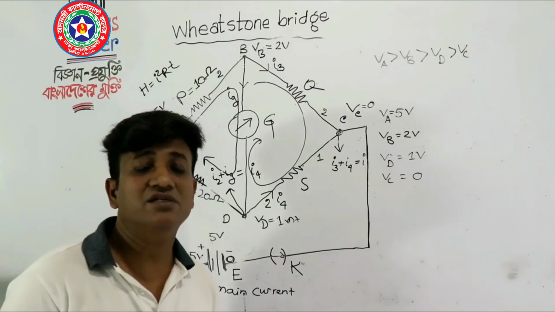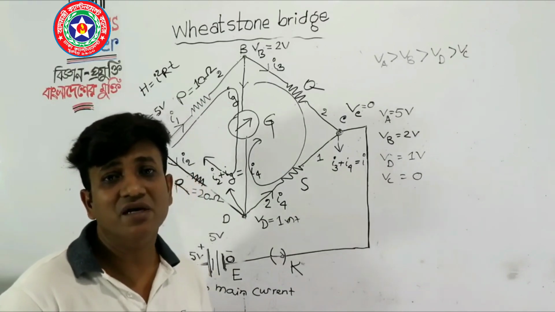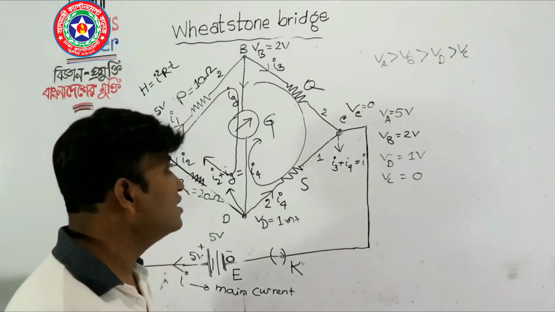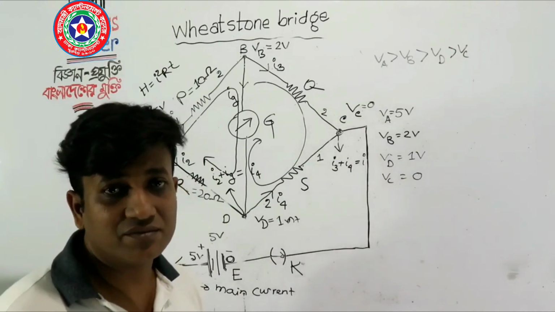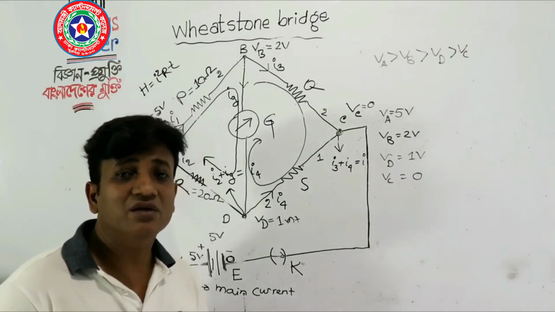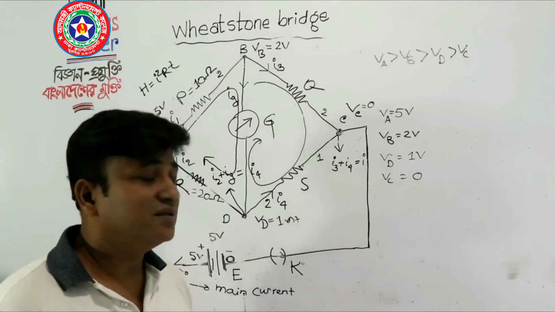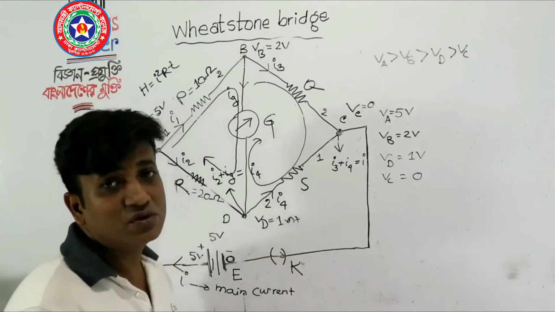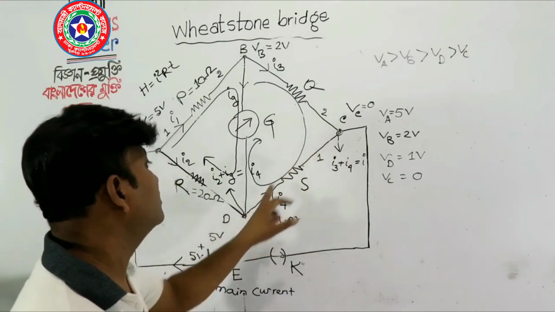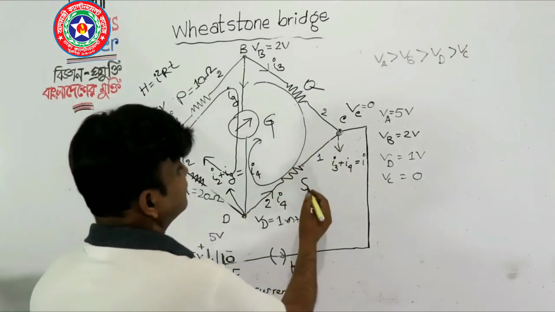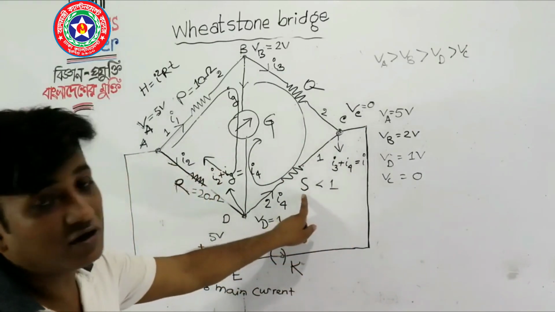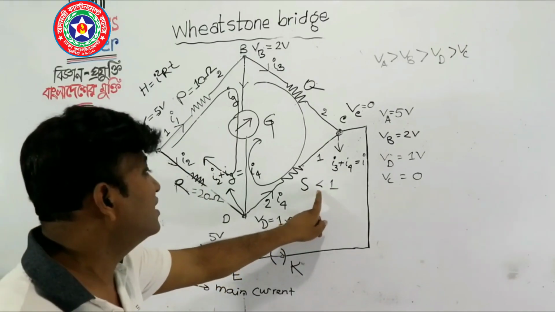Next, the question is why we cannot determine low or high resistance of a conductor by using the Wheatstone bridge. The cause is, if we want to determine low resistance, suppose we have to connect the conductor across DC, then the value of S, the conductor, will be less than 1 ohm.